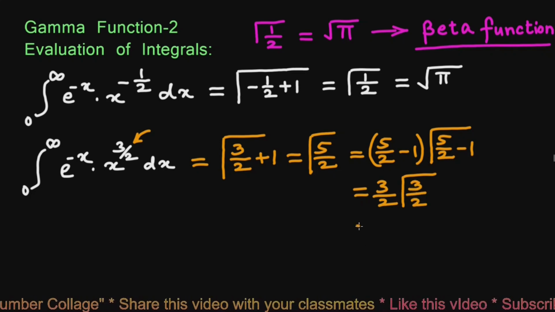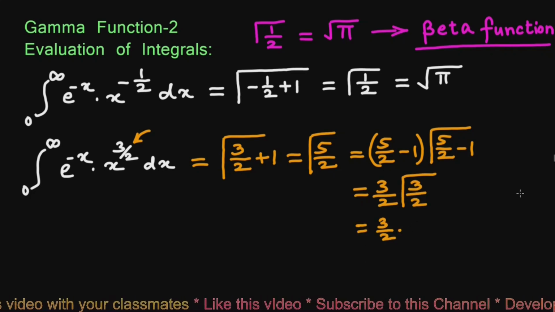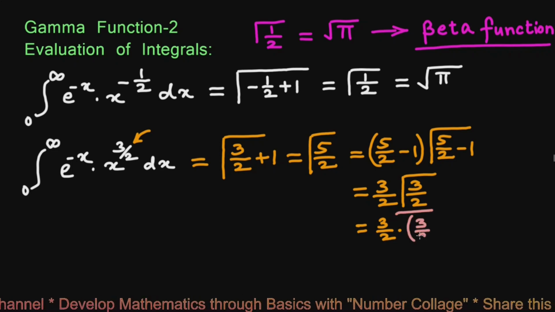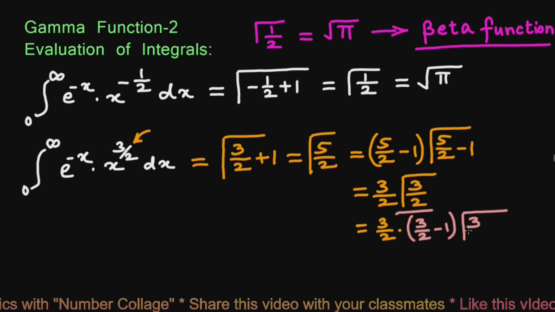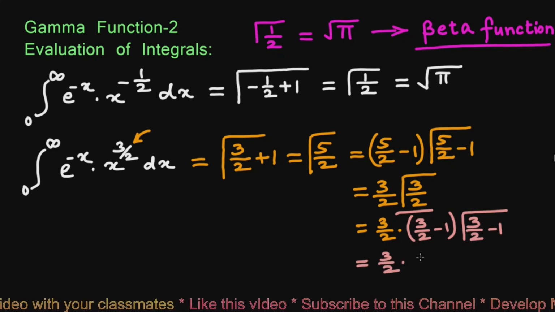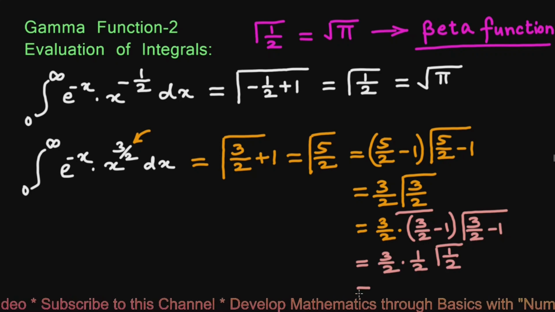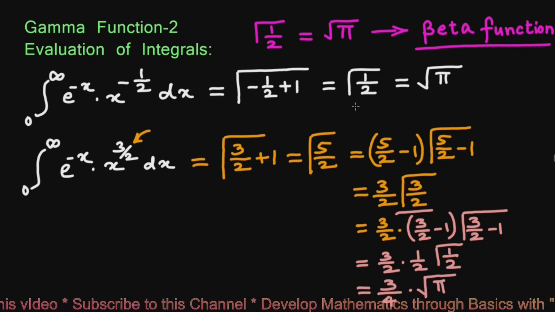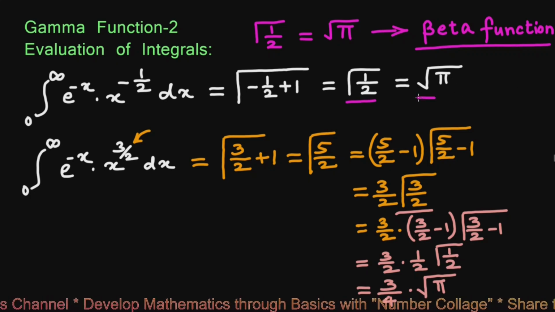This will be 3 by 2 into, now for this gamma 3 by 2 we will write 3 by 2 minus 1 into gamma 3 by 2 minus 1. This will be 3 by 2 into half gamma half, that will be 3 by 4 square root of pi, because gamma half is square root of pi.